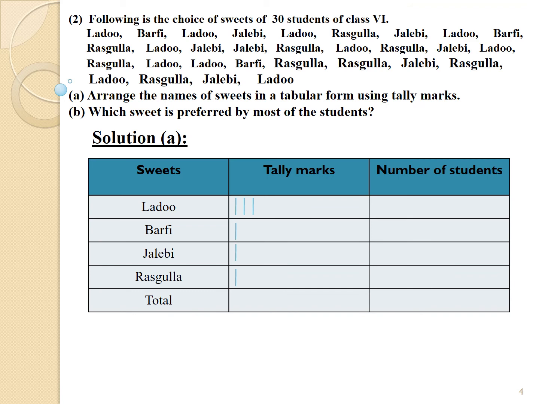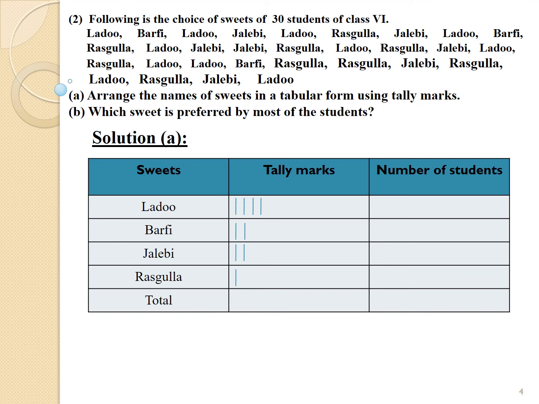Then jalebi is given. So in front of jalebi in the second column you have to draw a tally mark. Then laddu is given. So in front of laddu in the second column you have to draw a tally mark. Then barfi is given. So in front of barfi in the second column you have to draw a tally mark. Then rasgulla is given.